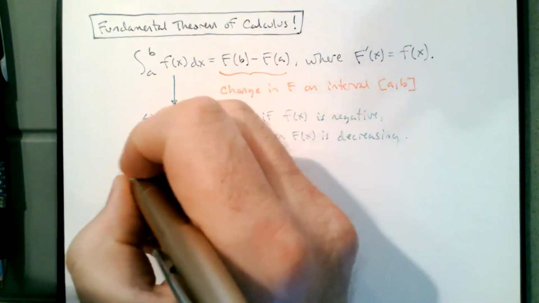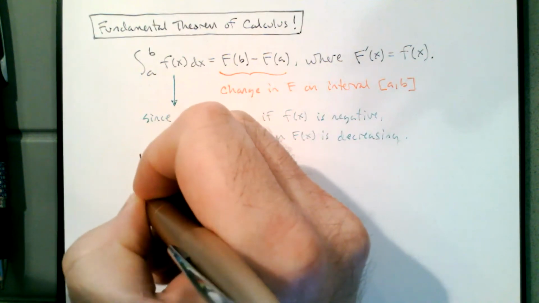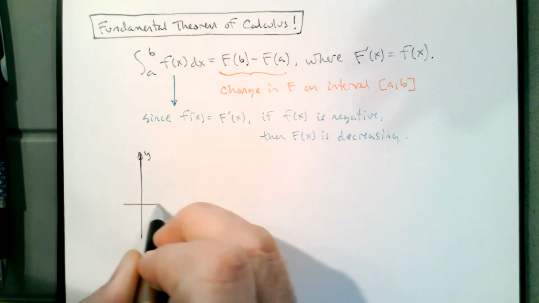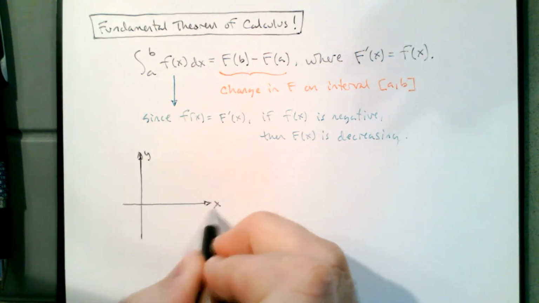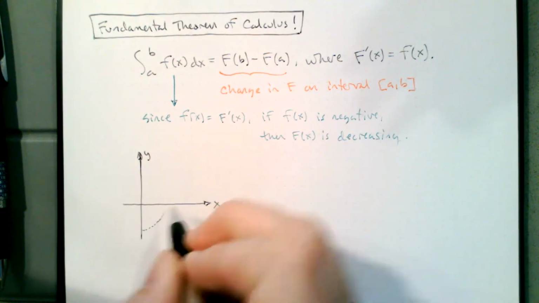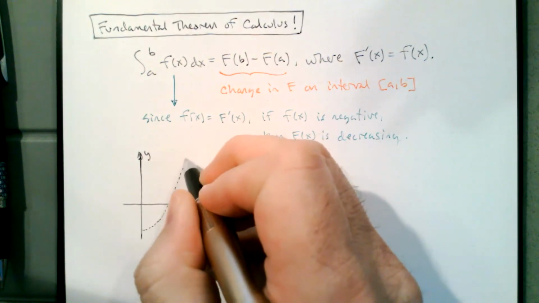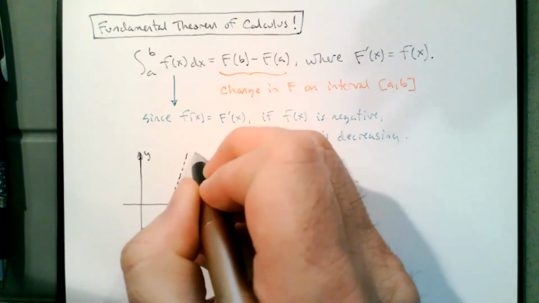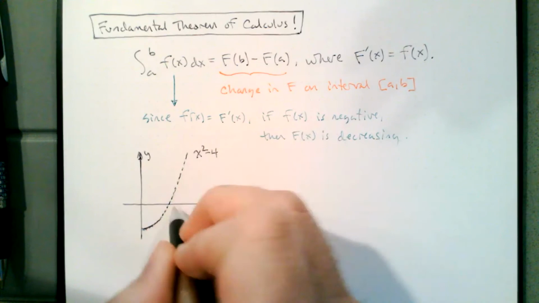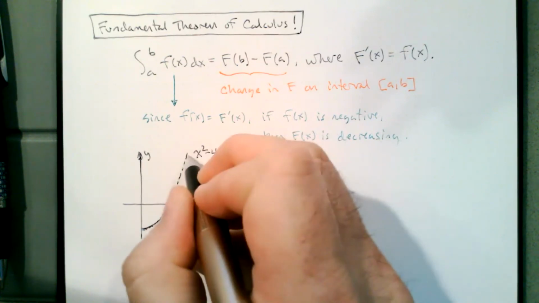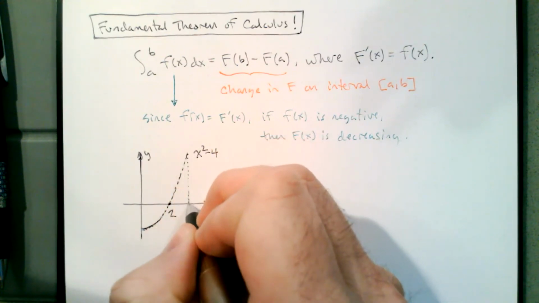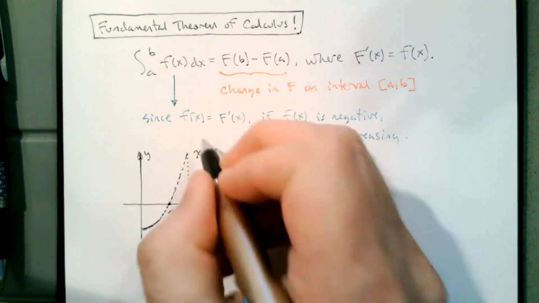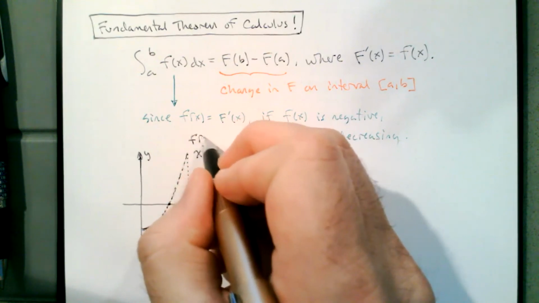So if we take another look at our function, x squared minus 4, that's little f at x.